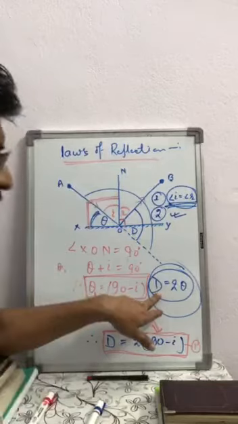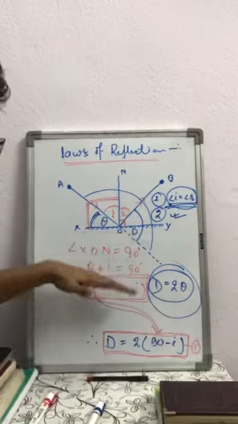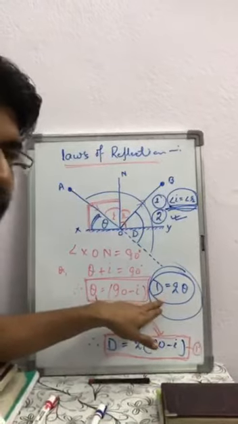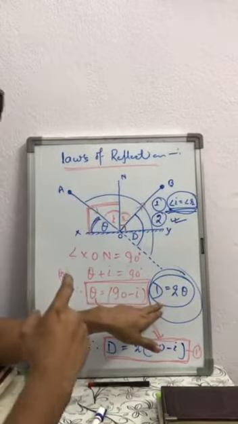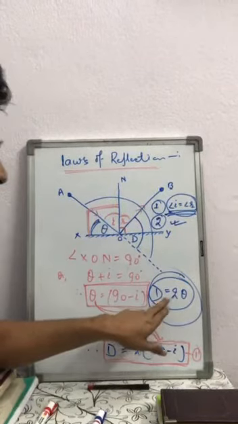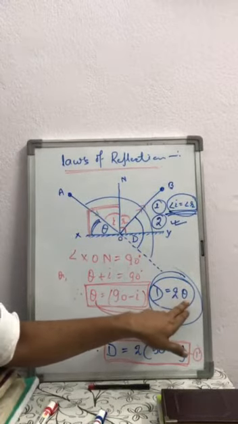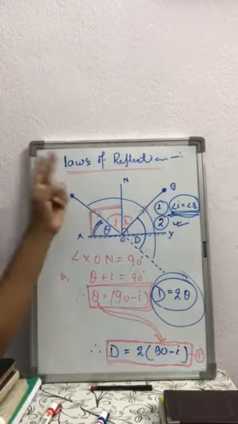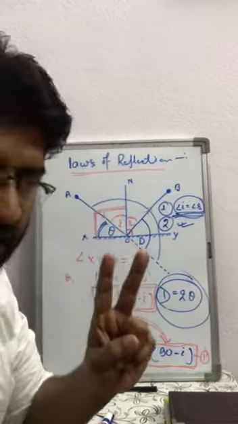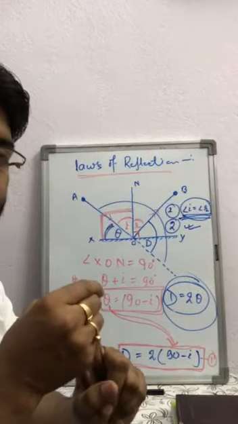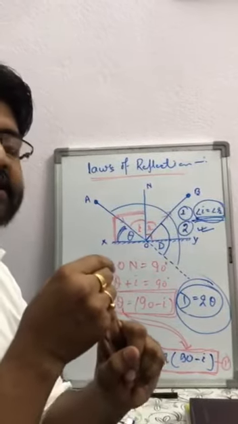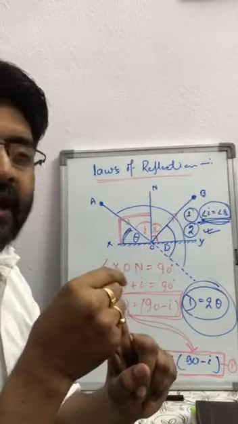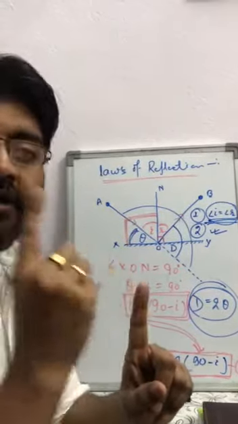Hence we can say, in the case of regular reflection, this is not a part of the law of reflection, it is just a property of regular reflection. Whenever regular reflection takes place, the angle of deviation is always 2 times the angle of inclination. At last we can say that reflection has 2 laws. According to the first law of reflection, the angle of incidence is equal to the angle of reflection, and this law is applicable only for a regular reflecting surface.